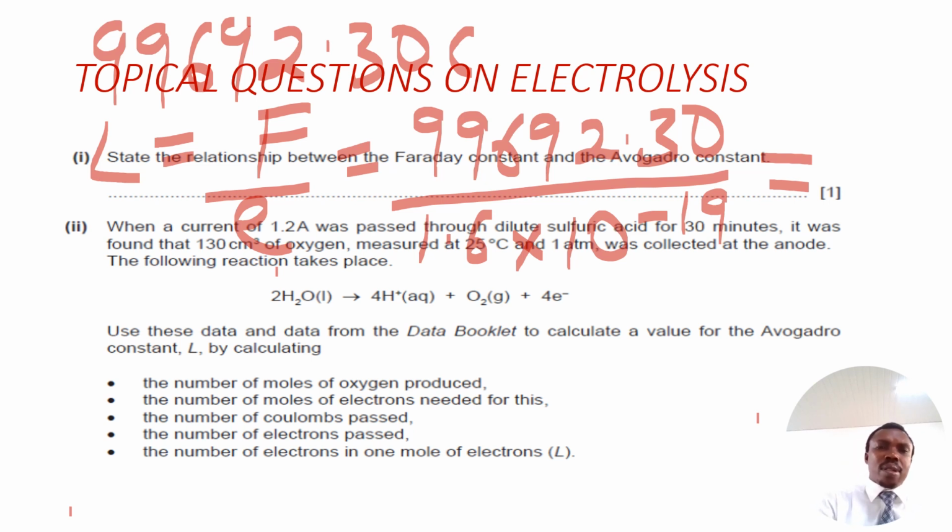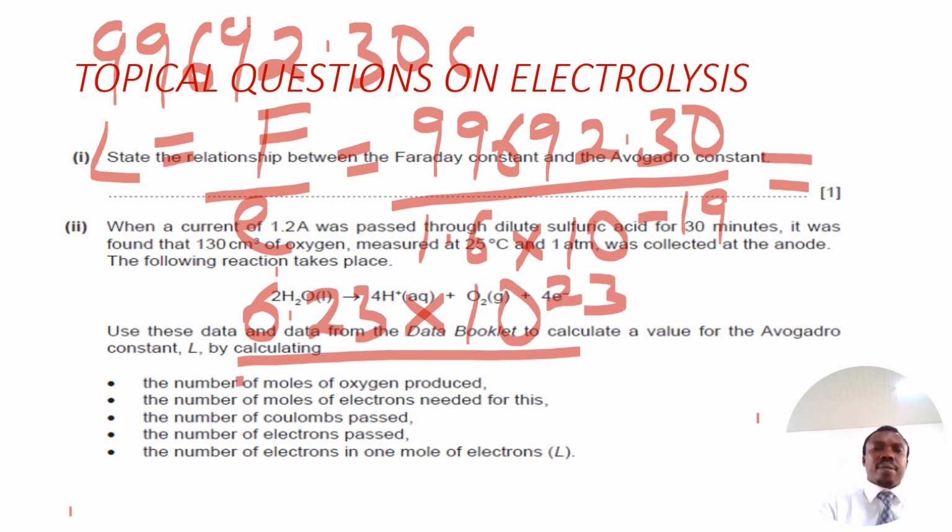So you have what? 6.23 times 10 raised to power 23, which is equivalent to the Avogadro's constant, close to the Avogadro's constant. So for this experiment, the number of electrons in 1 mole of electron, which is Avogadro's constant L, is equal to what? 6.23 times 10 raised to power 23 per mole of electrons.